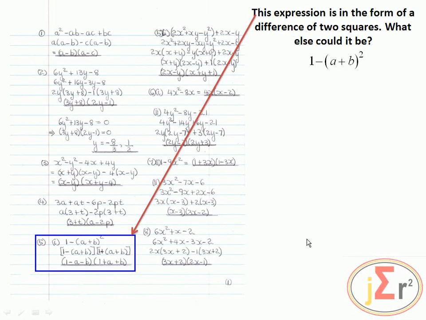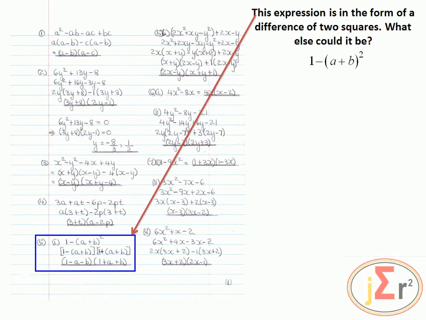This expression is in the form of a difference of two squares, and as it is said, what else could it be? Because for sure we do not have any common factor with this term and with this large term that we have here. But that does not make it a difference of two squares.